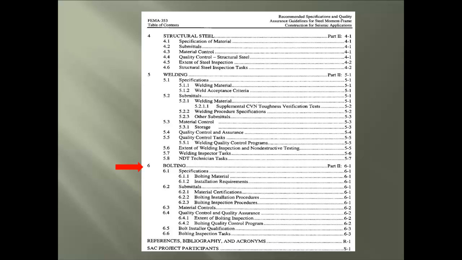Now, for the AWS CWI inspector, bolting is not yet a required certification, but the knowledge of high tension bolting is a must for any steel QC or QA professional. And this chapter does cover many items from installation to inspection.